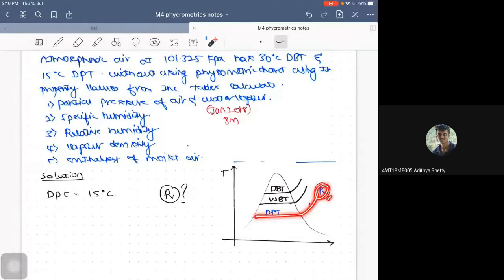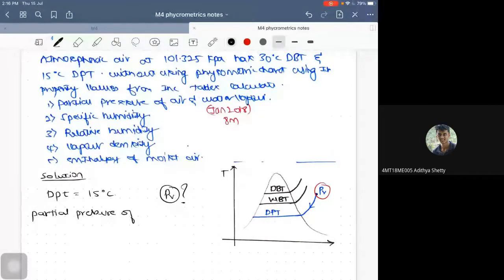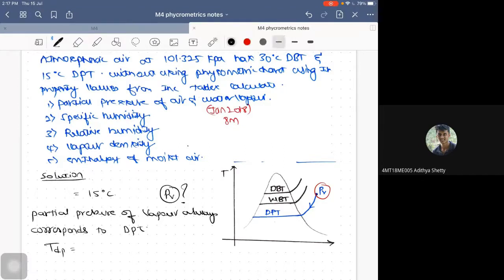So the partial pressure of vapor always corresponds to DPT, and the DPT value is given as 15 degrees Celsius.